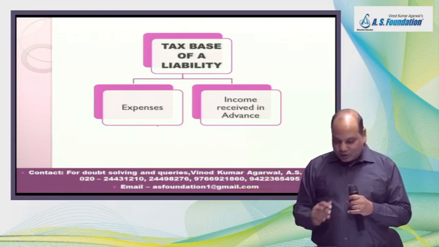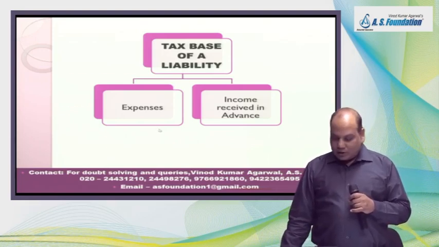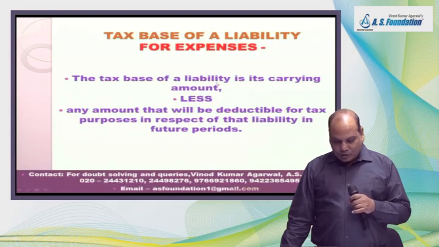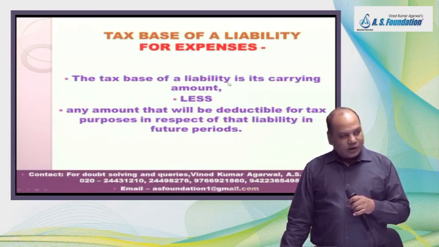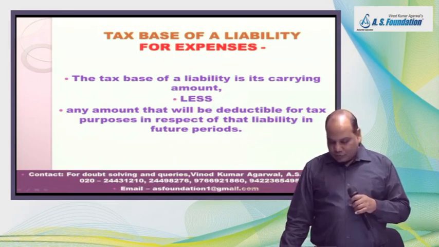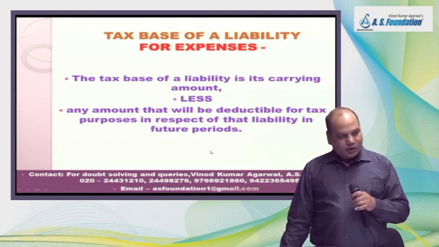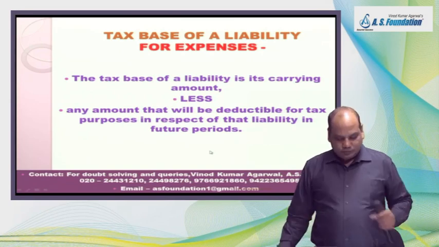Right? So that is my strategy to identify the tax base. Anyway, we'll go as per the standard. For expenses, the tax base of a liability is the carrying amount minus the amount that will be deductible for tax purposes in respect of that liability in future periods.